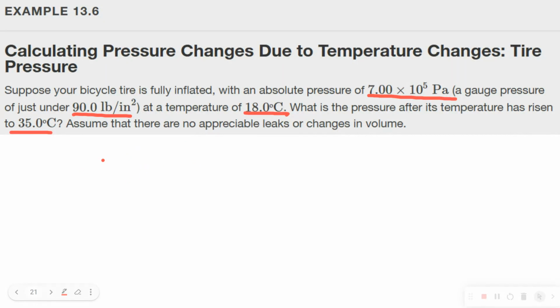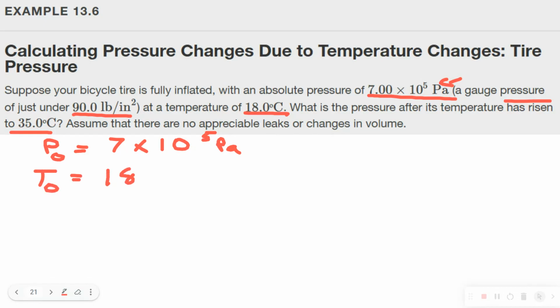Okay. So we've got to list some things. If I reread that right, the initial pressure, because remember pascals is a measurement of pressure, the original pressure is equal to 7 times 10 to the 5 pascals. And then your original temperature is equal to 18 degrees Celsius.